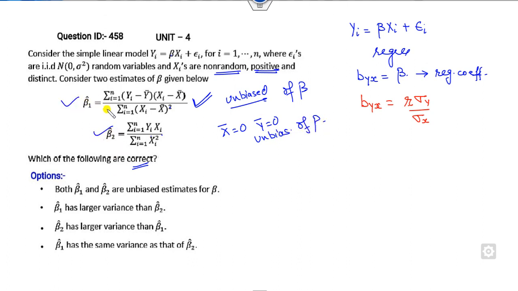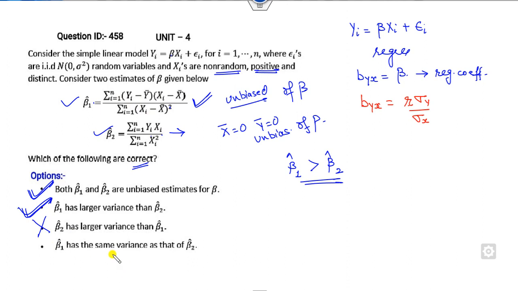Always remember, whenever you are studying regression analysis, these are standard results. Both are unbiased estimators. Moreover, this is the particular case only when x bar is 0. So beta 1 cap, because this is the more generalized one, is always greater than this. That is always true. The second option is true.